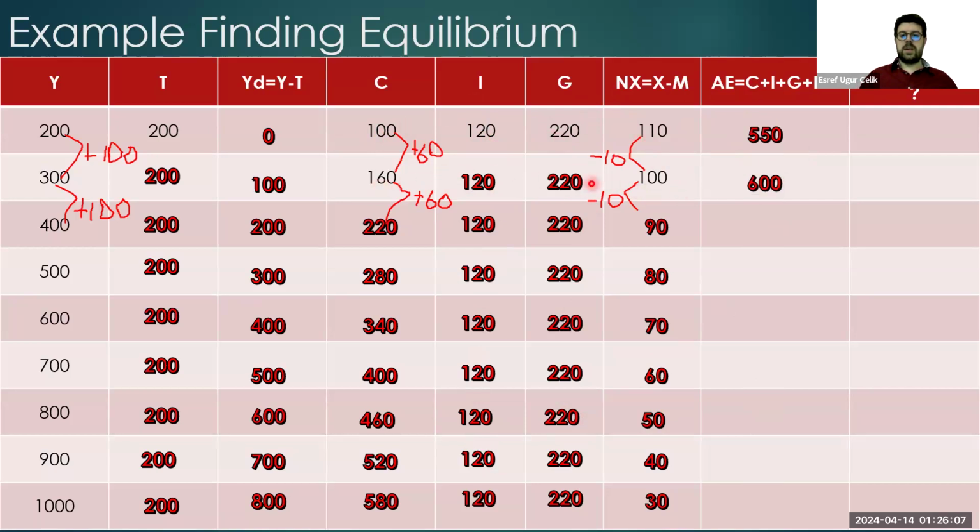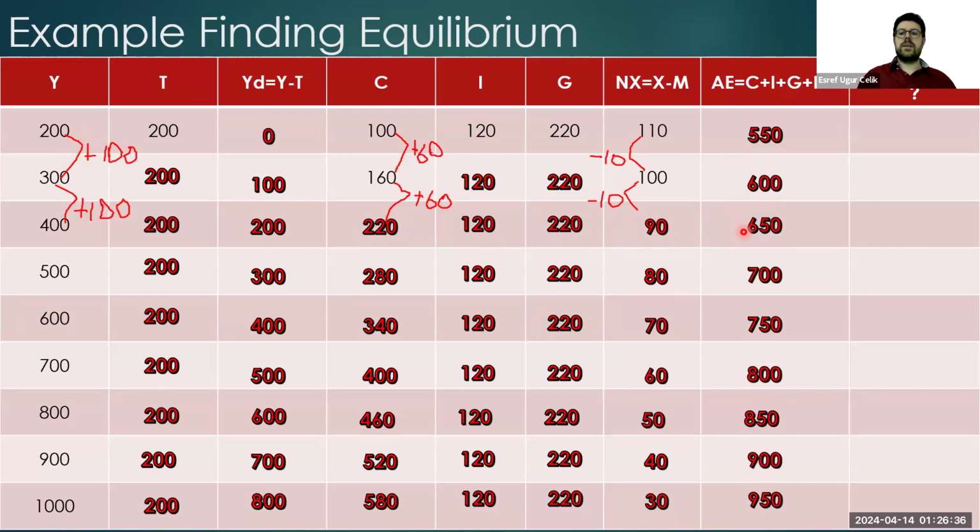What is the difference there? 50. Again, the same logic as consumption and net export, so it changes by 50. Or if you don't believe me, calculate that part: 650, 700. It changes by 50.